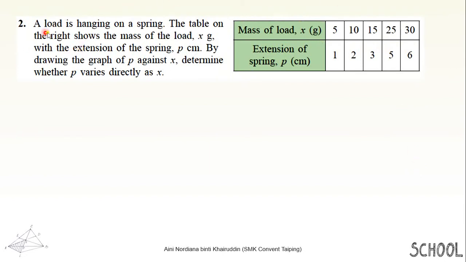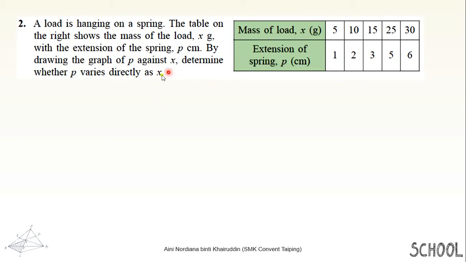Okay, number 2. A load is hanging on a spring. The table on the right shows the mass of the load, x gram, with the extension of the spring, P cm. By drawing the graph of P against x, determine whether P varies directly as x.